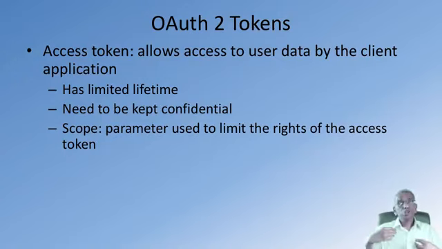So the Express server application, now you as the front-end user want to access something from the Express server application. The Express server application will tell you to authenticate yourself from Facebook and then obtain an access token from Facebook.